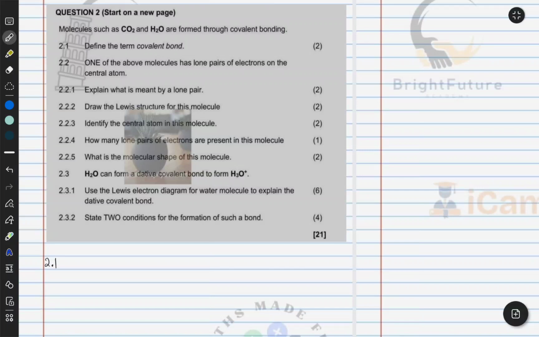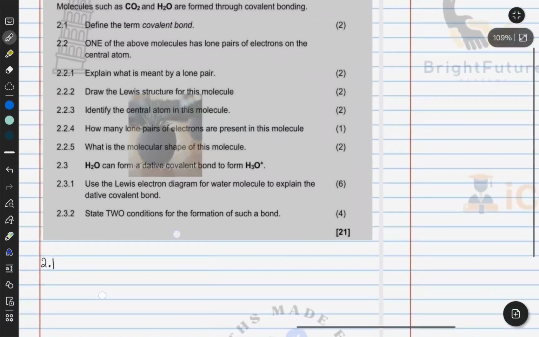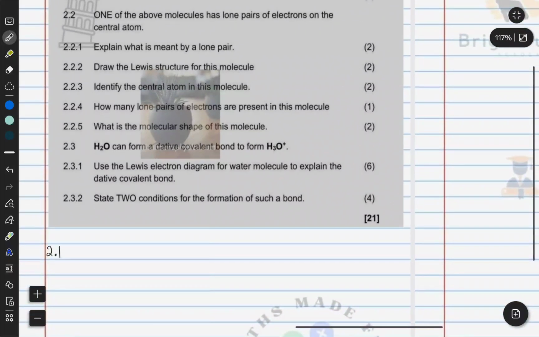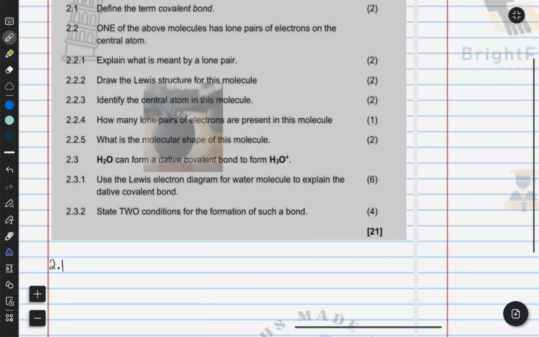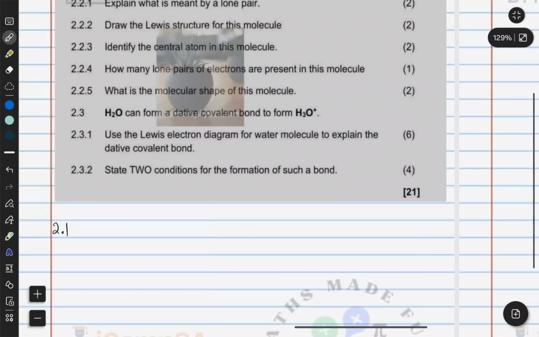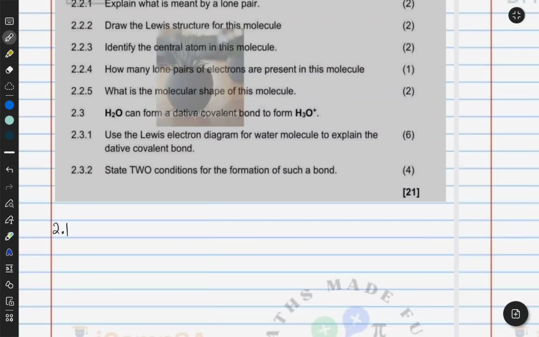You have to write the definitions that are given in your exam guideline, because those are the ones recognized by teachers and the people that will mark your paper. They are recognized as the true and official definitions. So use those ones, but for understanding, you must know that in a covalent bond there must be sharing of electrons between two atoms.